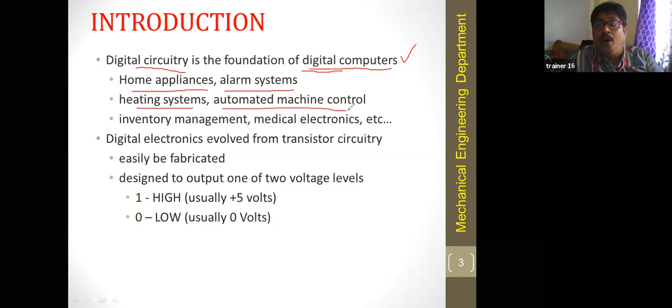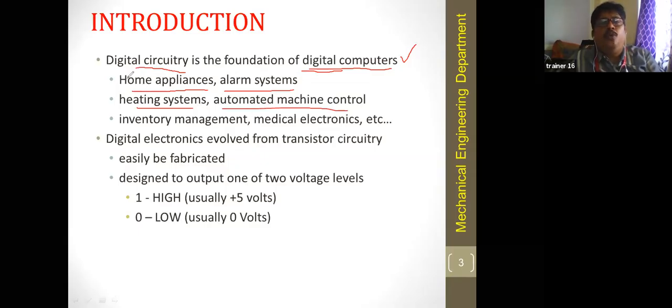Automated machine control. What I said now, with the help of the PLC, that is a digital computer, with the help of software, we can control any machine. Any actuation, maybe hydraulic or pneumatic.